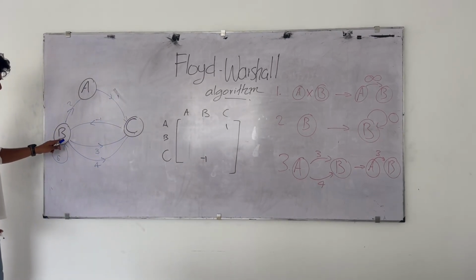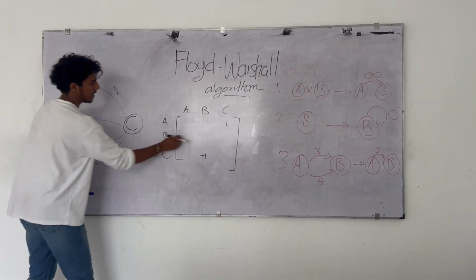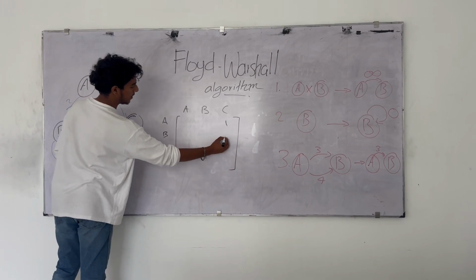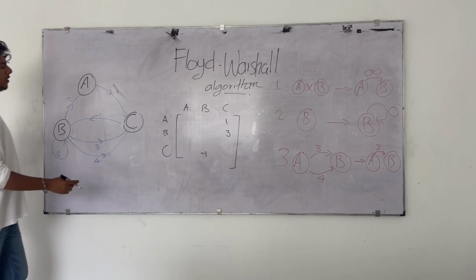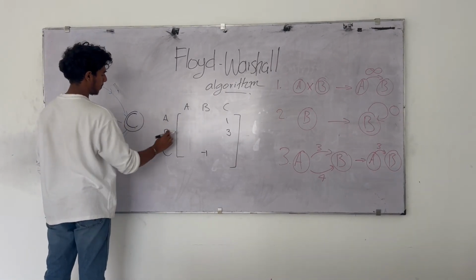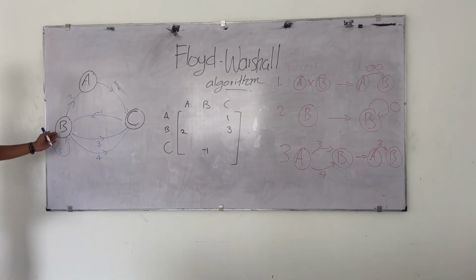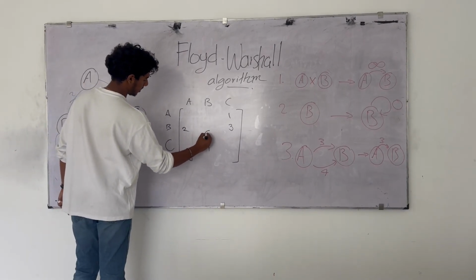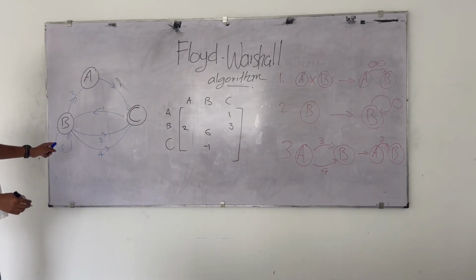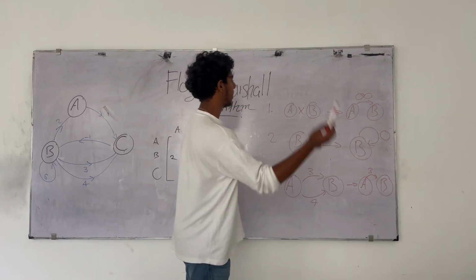Then B to C is 3. Then B to A is 2. Then of course B to B is 6. That's all.